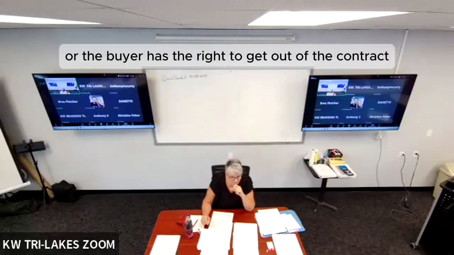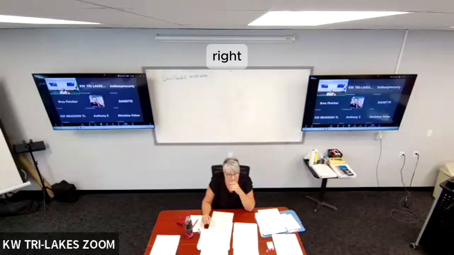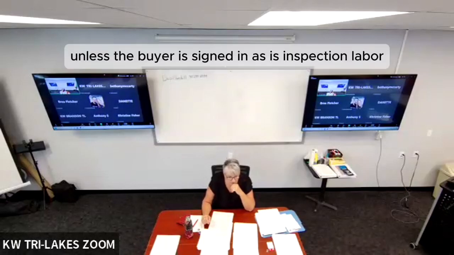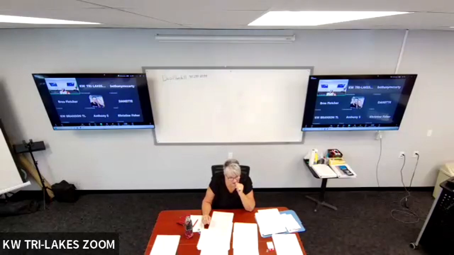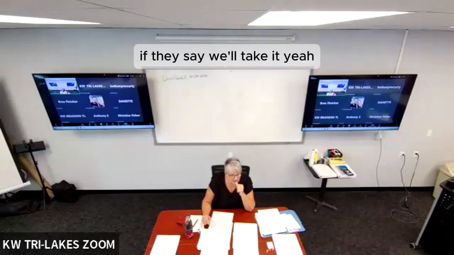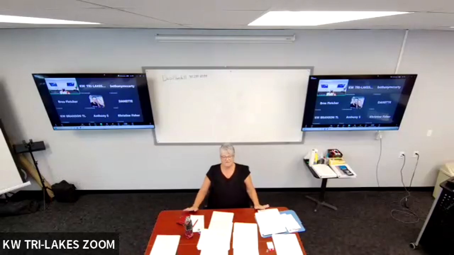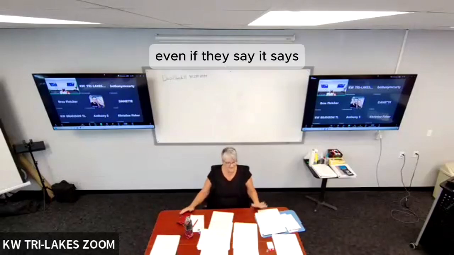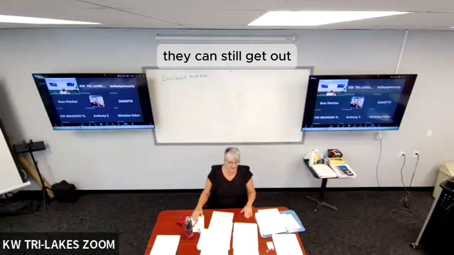The seller or the buyer has the right to get out of the contract at that time too, if they refuse to repair. Right. Unless the buyer has signed an as-is inspection waiver, that kind of negates everything. Even if they say it's as is, and even if the buyer agrees that it's as is, they can still get out.